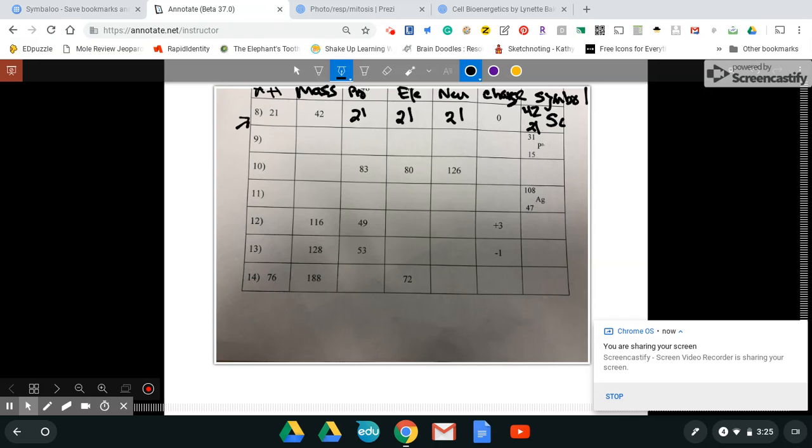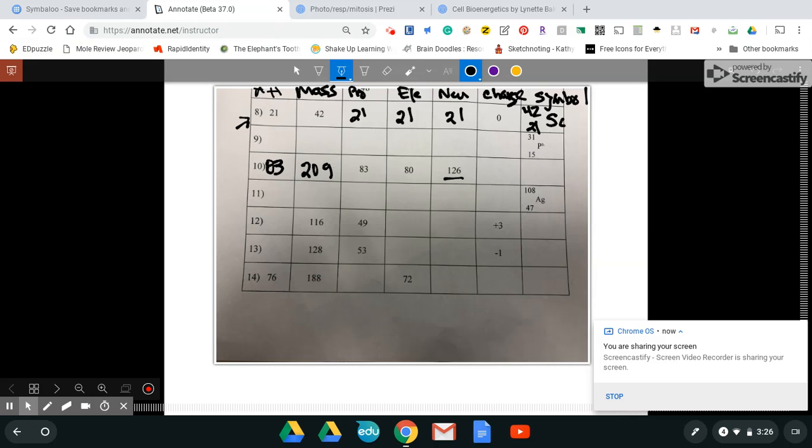Okay, let's look at this one. So my number of protons is 83. So that means the atomic number has to be 83. All right, I know that my neutrons are 126, so 126 plus the number of protons, which is 83, gives me a mass of 209. Okay.